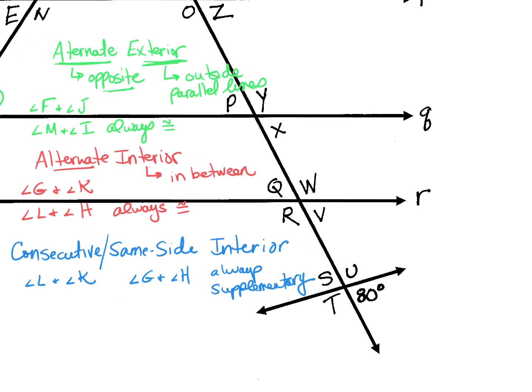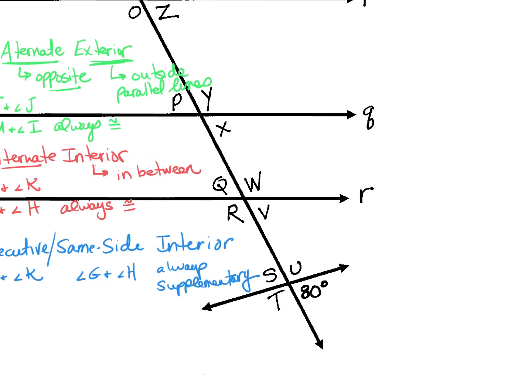Okay, I'm going to slide over to this side now. Our last type of angle is called corresponding. Corresponding angles refer to the position. Think of this as the four corners of a street.